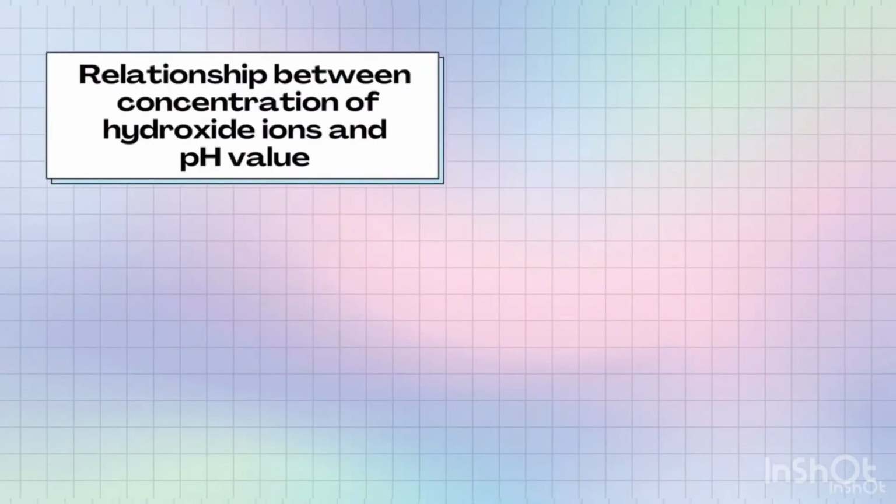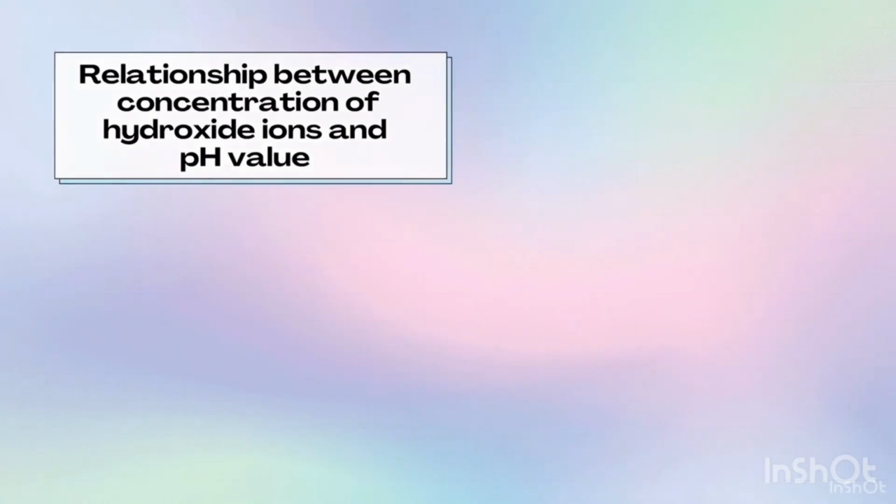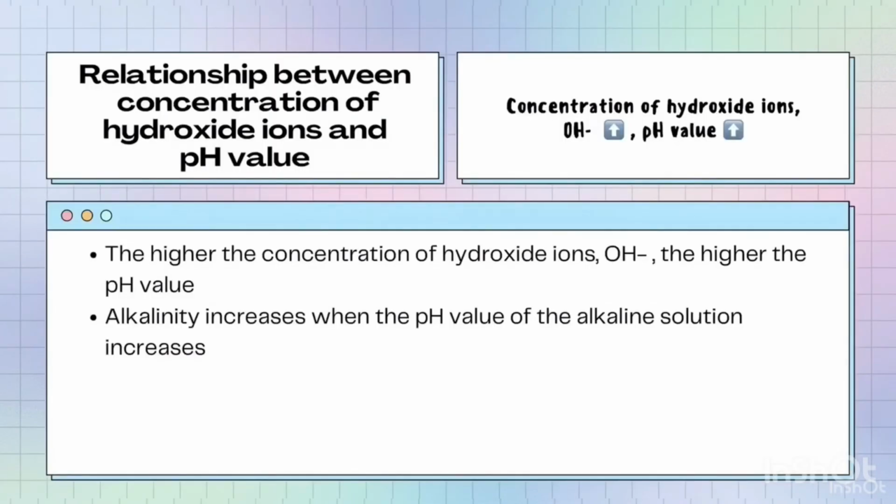Next, relationship between concentration of hydroxide ions and pH value. So, for the hydroxide ions, the higher the concentration of hydroxide ions, the higher the pH value. Alkalinity increases when the pH value of the alkaline solution increases.